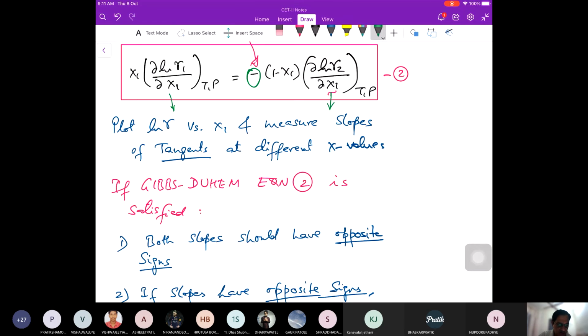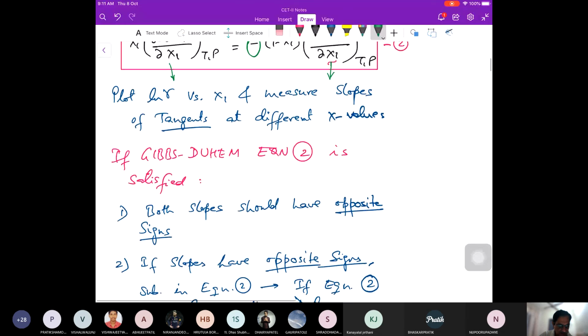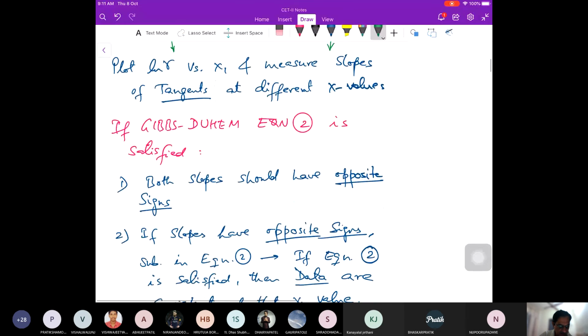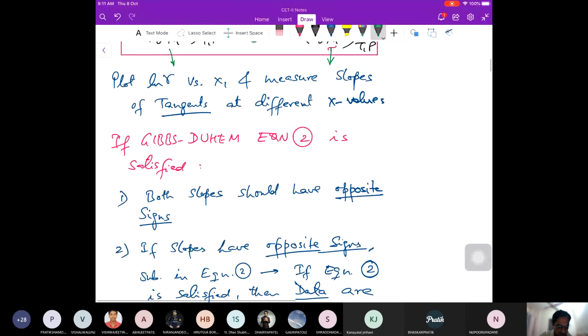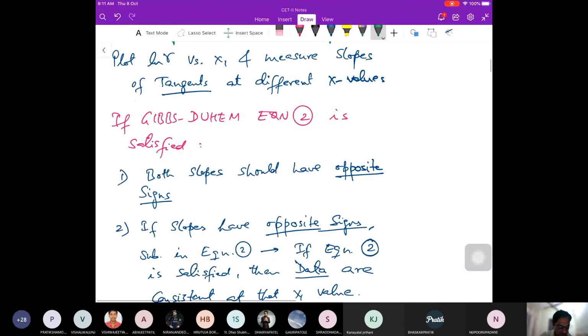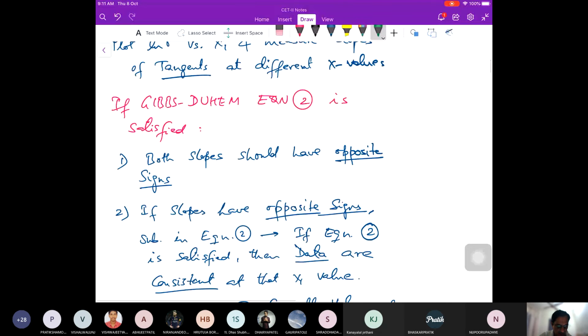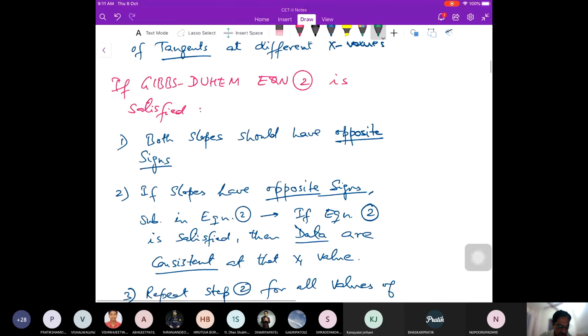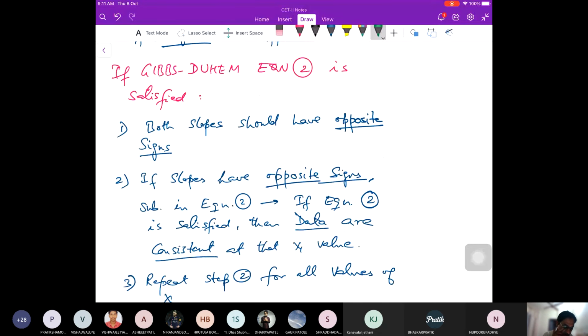Then only this equality will be satisfied, right? And if the slopes have opposite signs, then we substitute in equation 2, and if equation 2 is satisfied, then data are consistent at that value of x1. We'll see that.